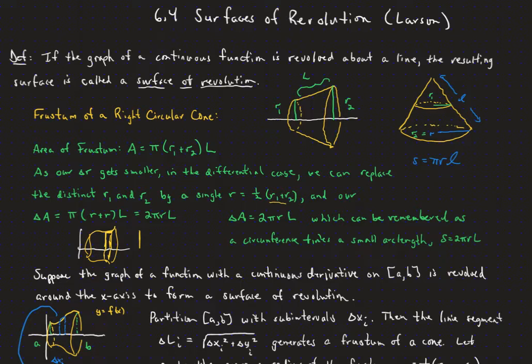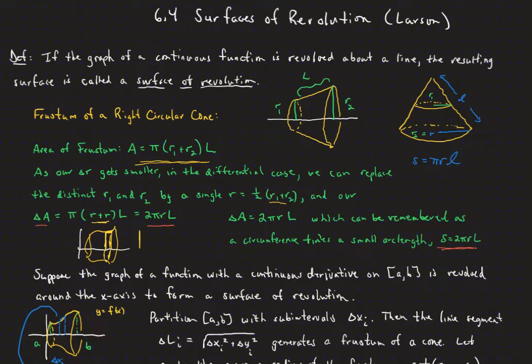So in our formula, where we have r1 plus r2, we're just going to think of that as r plus r. That leads us to our formula for that little delta surface area, which is 2 pi r times L. For whatever reason, the variable used most often with surface area is S. So we'll say S is 2 pi rL, which I think becomes more memorable because in the 2 pi r you see a circumference.